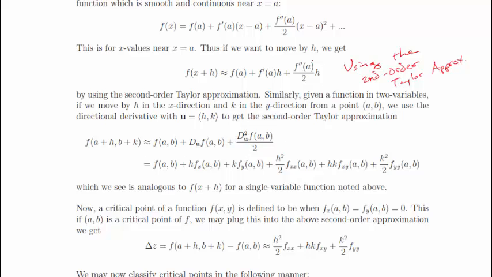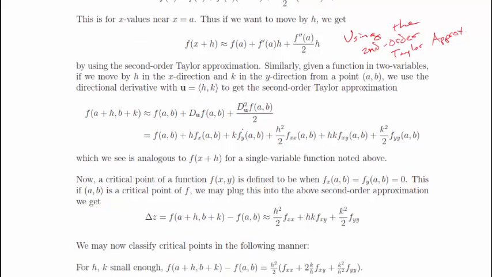So this is just analogous to what we had above, except instead of just plugging in an x value of a, we're plugging in a point a comma b in for my second derivative and first derivative. The h that we have in my Taylor approximation for the single variable is actually going to show up in our derivative here in the next line.